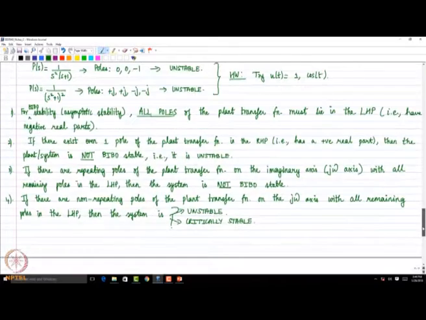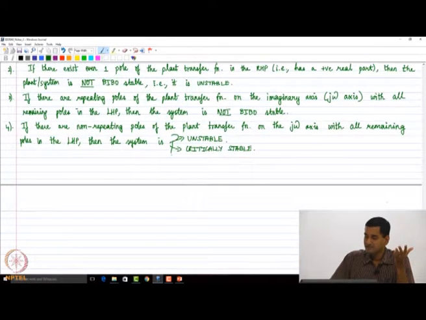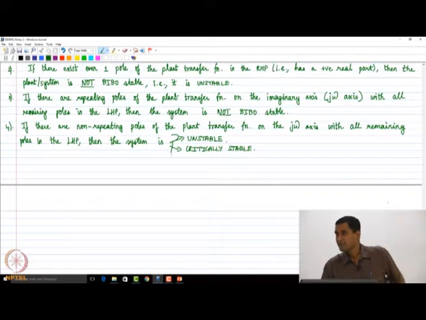Critically stable and marginally stable are equivalent terms that are used. So, these are basically two perspectives of how to interpret system stability when you have non-repeating poles on the imaginary axis, including the origin. The origin is also on the imaginary axis.